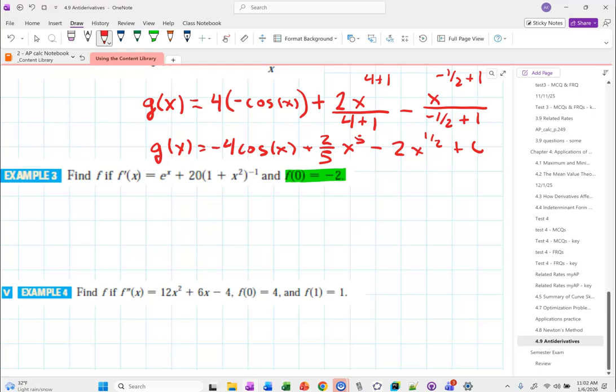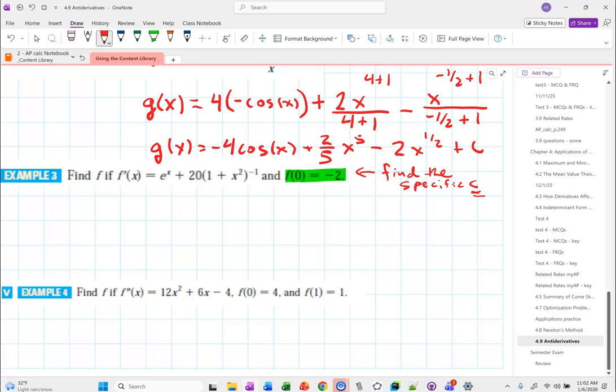What is that going to do for us? That additional piece of information is going to allow us to find the specific c for this particular f.